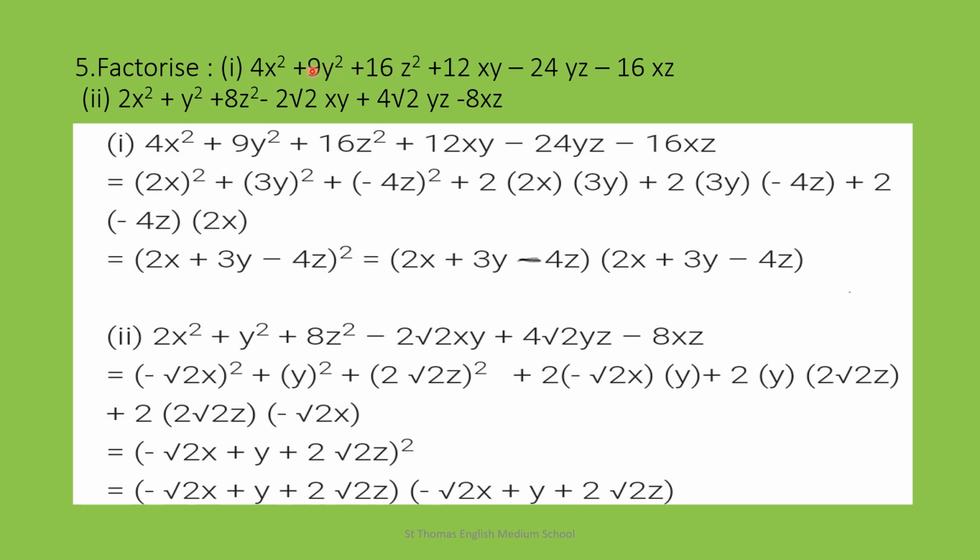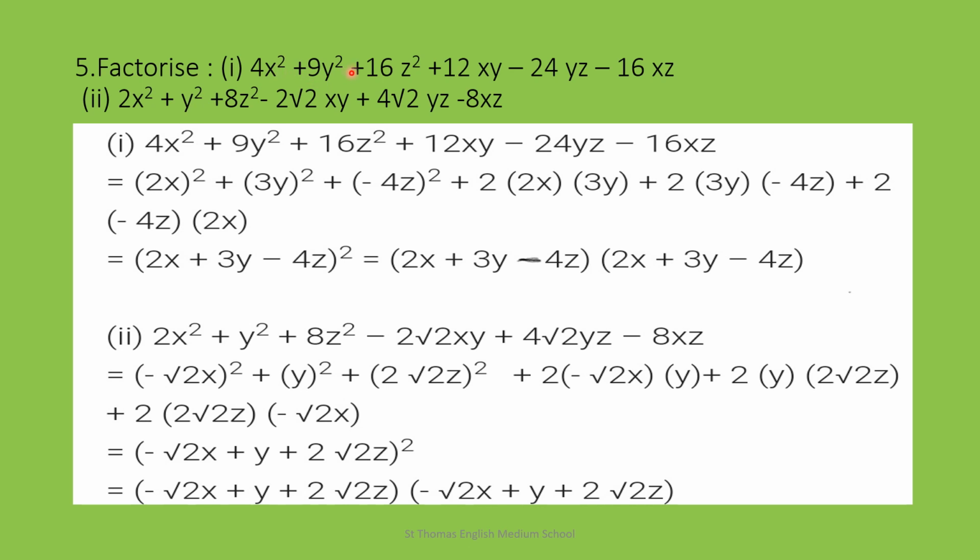Now you have to find what is a, what is b and what is c. So in the first question, the first term is 4x square. It is a perfect square. You can write it as 2x whole square. 9y square, that you can write it as 3y whole square, and 16z square, that is 4z whole square.